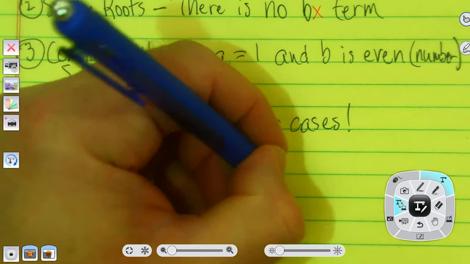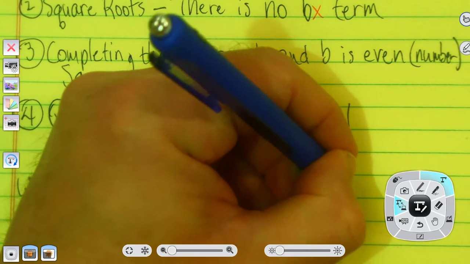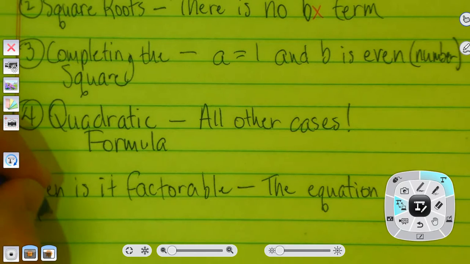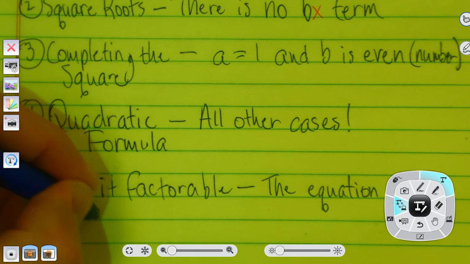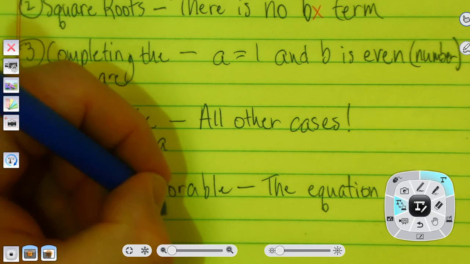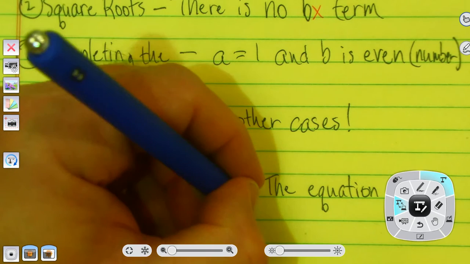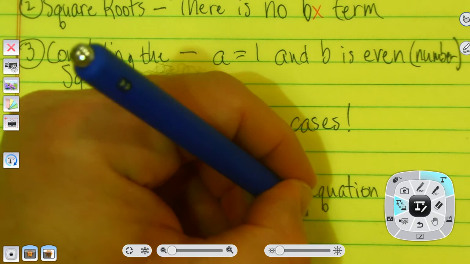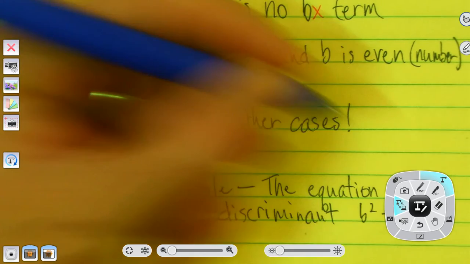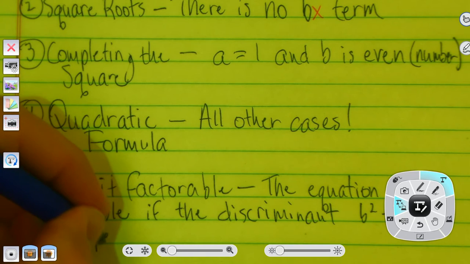Well, the equation is factorable if the discriminant, and we already know that the discriminant is b squared minus 4ac, we've heard that a lot, when the discriminant itself is a perfect square.